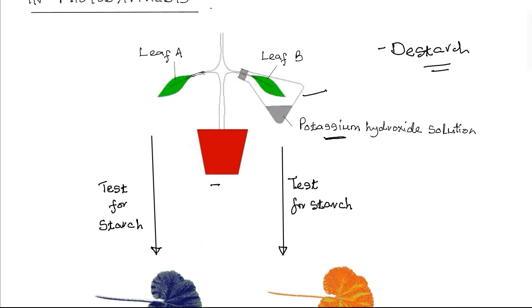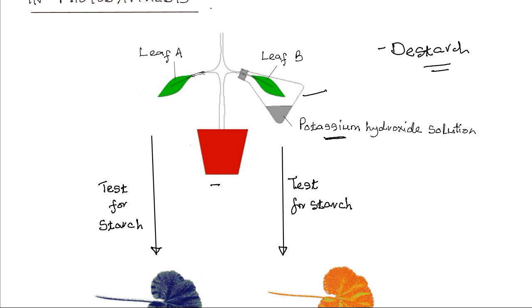So in this experiment, a potted plant is first discharged. Then 2 or more leaves are covered with a light-proof material such as aluminium foil.